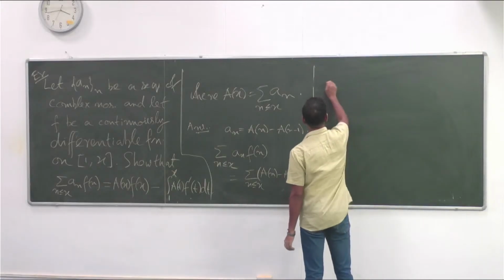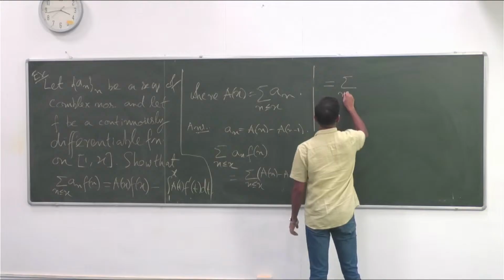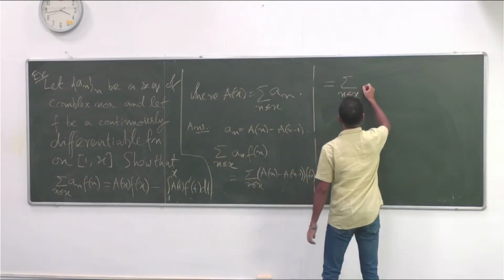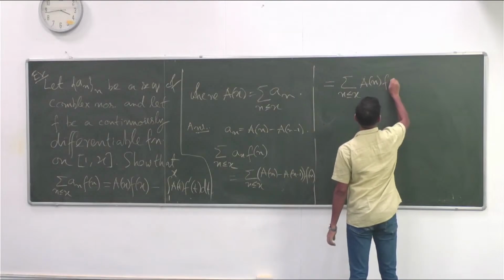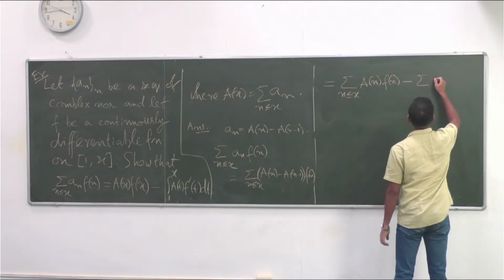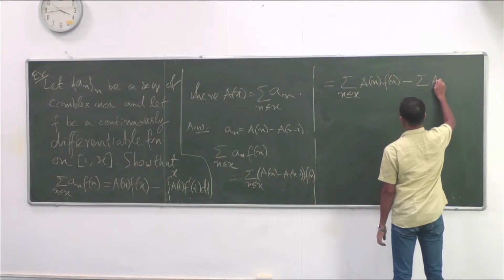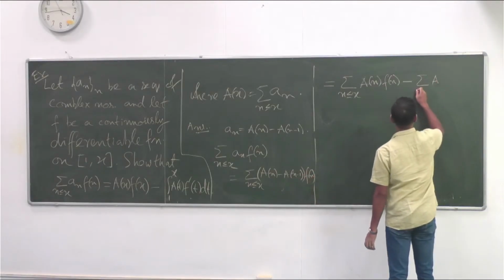And this one is equal to, if you separate these things out, a_n f(n) minus the summation of a_{n-1} f(n).